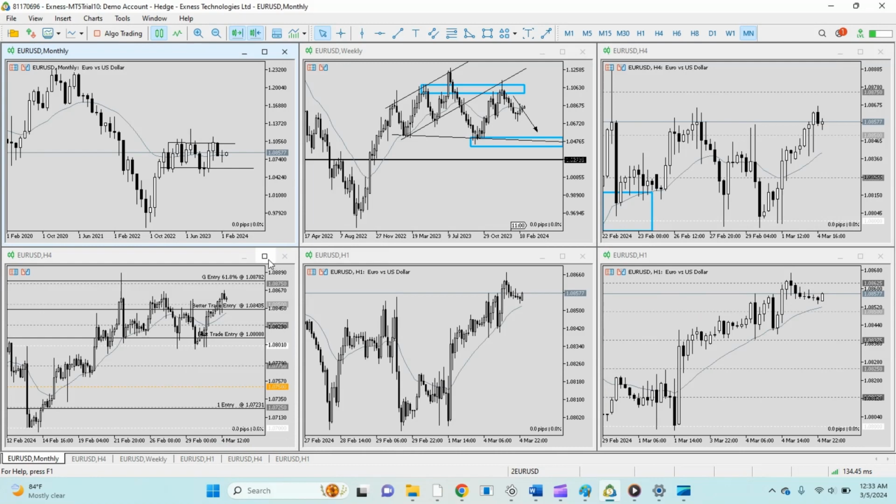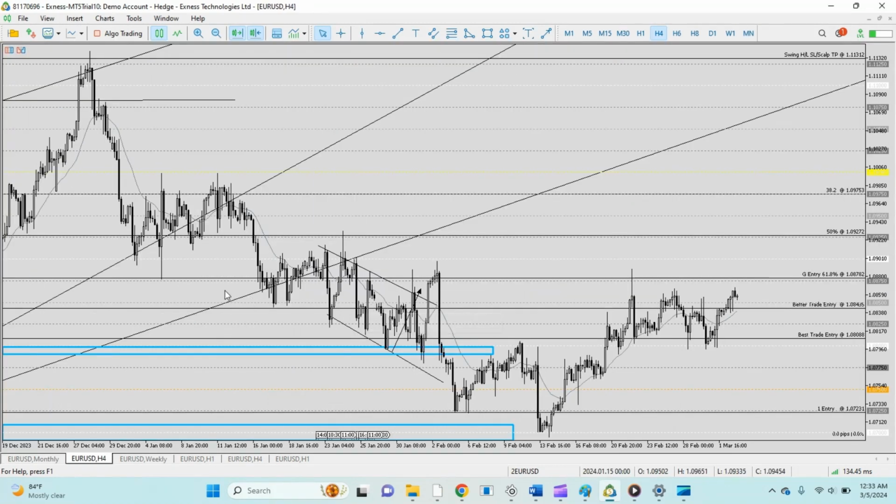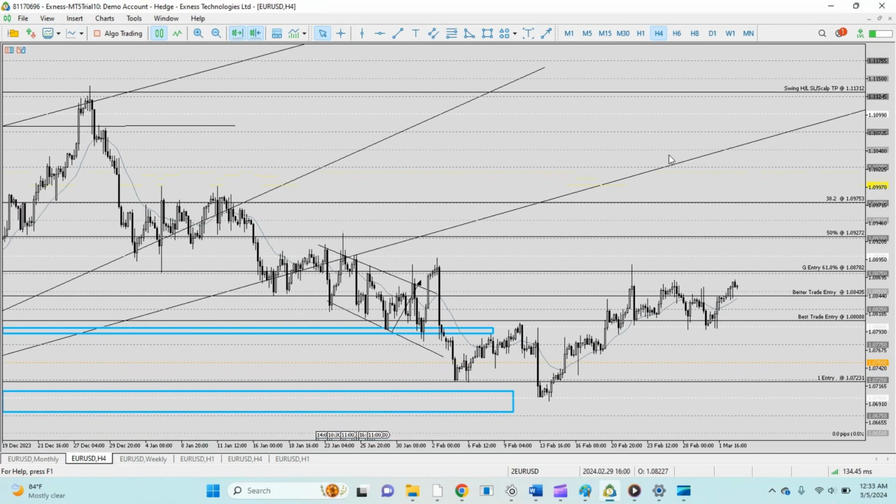So in the 4-hour chart, another important thing I have not talked about is the psychological level. These are the round numbers. They are very important in trading. I didn't remember to emphasize the importance of psychological levels in trading. If you look at this H4 chart, I have psychological numbers.